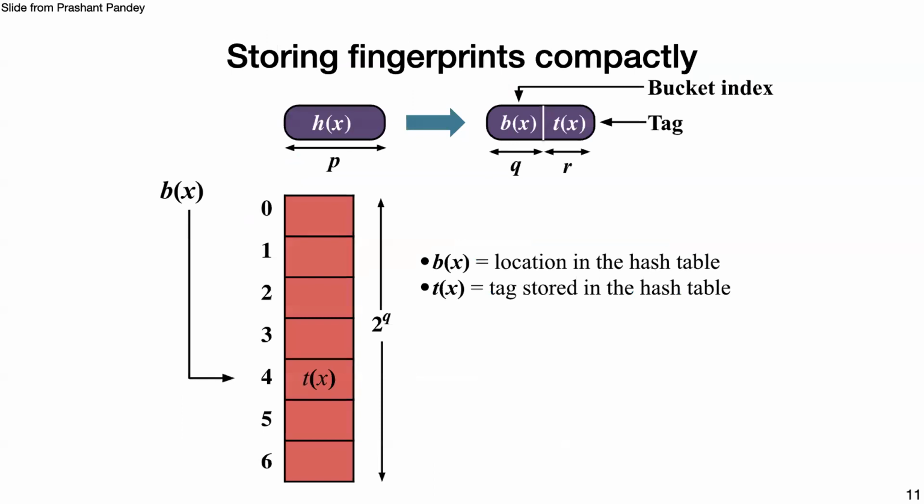Okay, so exactly like I said, you have this fingerprint, which is P bits, and then you divide it up into two parts. The upper one is the bucket index, and the lower one is the tag. This is Q bits, this is R bits, and Q plus R is P. The upper Q bits tell you the bucket, the index in the array that it goes into, and the lower R bits tell you the tag, and you explicitly write those into the array.